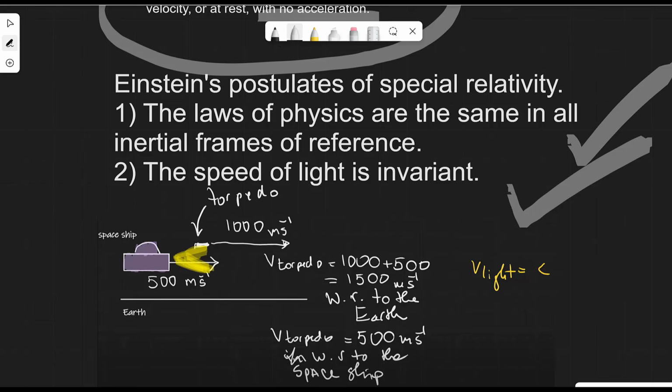The torpedo is just a normal particle, and if you were to fire it off from the spaceship, the velocity of the torpedo would be the velocity of the torpedo itself with reference to the spaceship plus the velocity of the spaceship. Because the spaceship was going at 500 meters per second, and now the torpedo is going at 1,000.